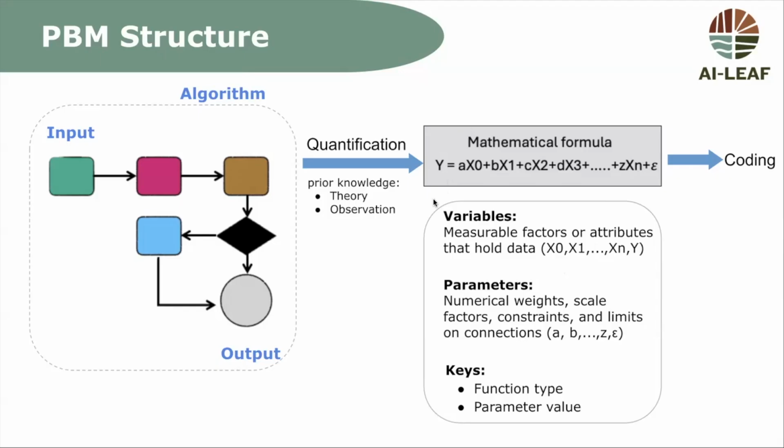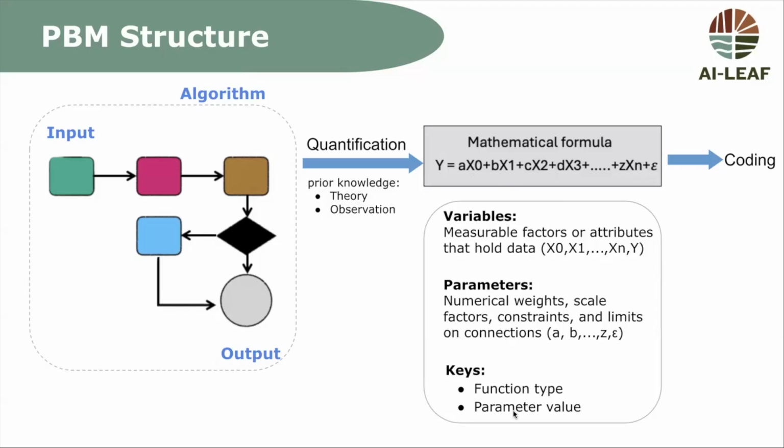So here the key for the equations or representations in the model is the function type. As I mentioned, there are different types, maybe not just the linear relationship, and there are many different parameters in different functions. Those parameter values will affect the model performance very strongly.